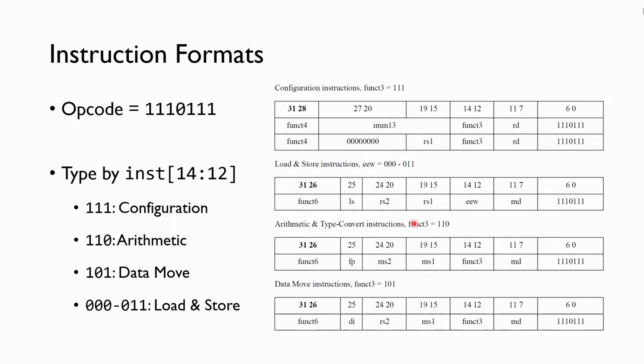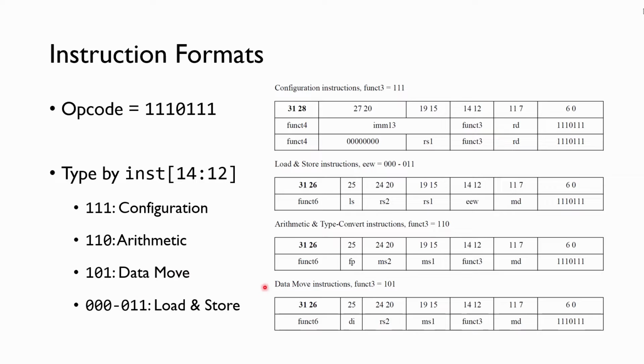Instructions are divided into configuration instructions, arithmetic instructions, data move instructions, and load store instructions. They are differentiated by bits 14 to 12, the func3 field. The func3 field 111 includes configuration instructions, 110 includes arithmetic instructions, 101 includes data move instructions.